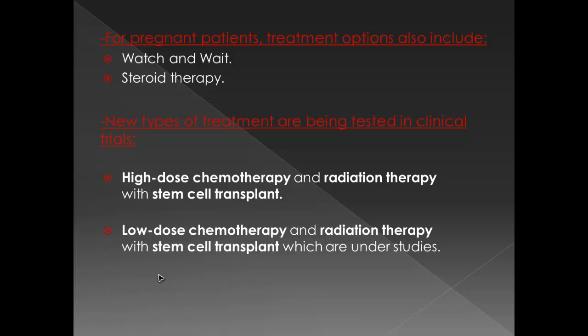If there is progression, we use steroid therapy. There are new types being tested in clinical trials for adults, such as high-dose chemotherapy and radiation with stem cell transplant, and low-dose chemotherapy and radiation with stem cell transplant.